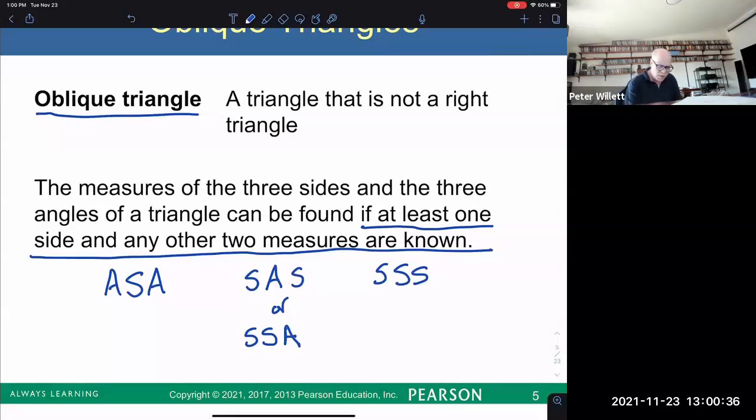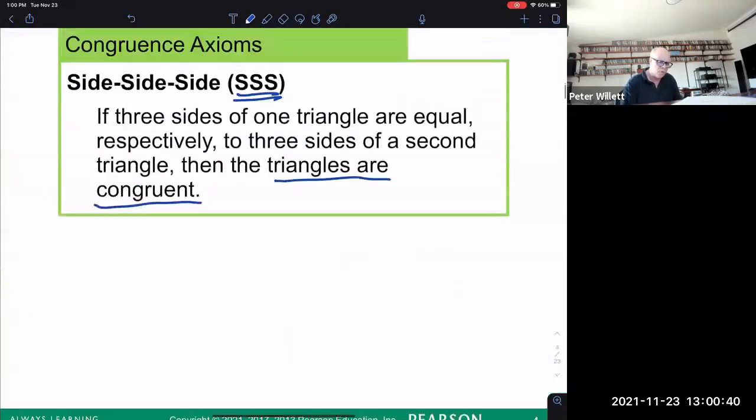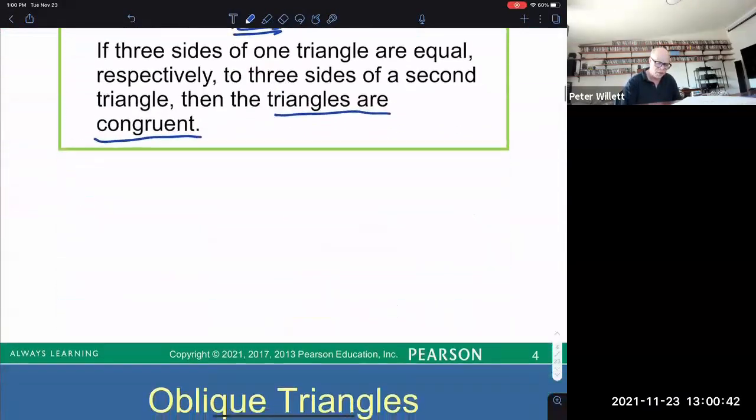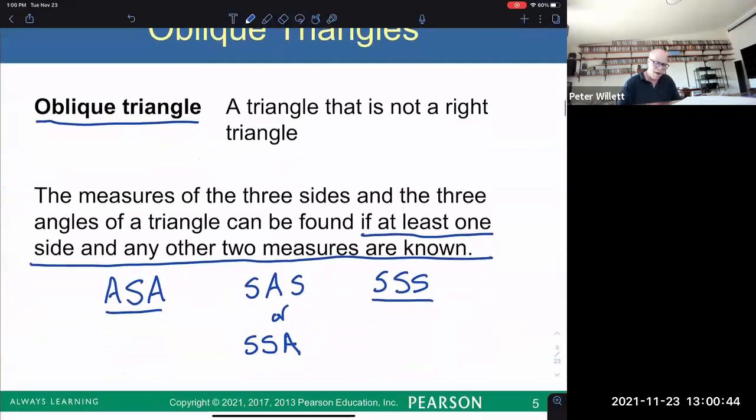So we're going to use these annotations that we started to introduce for the congruence axioms, and we're going to start to talk about these three pieces, angle, side, angle, side, side, side, as three measures that we know about a triangle.